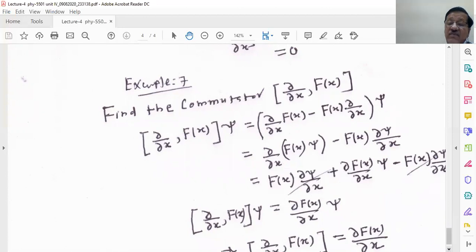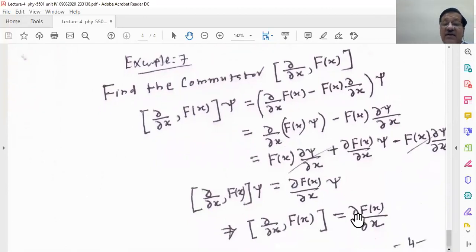So the term left is del by del x of f of x; the commutator operating on psi is equal to del f by del x times psi. Now you see this psi we can eliminate from both the sides. So the final step is that the commutator is equal to the differentiation of function f of x with respect to x.